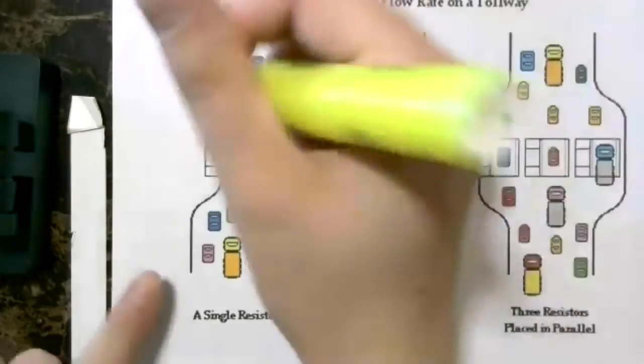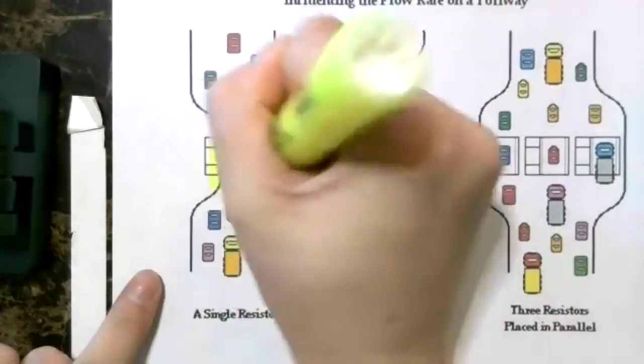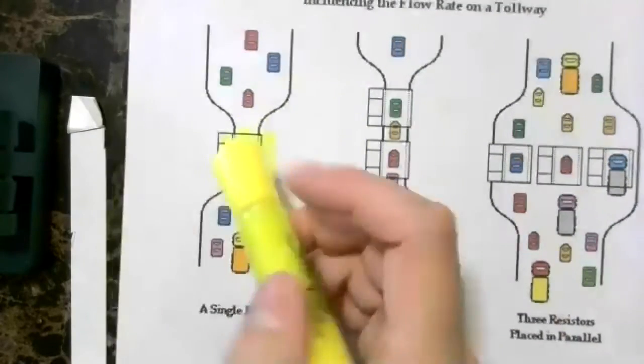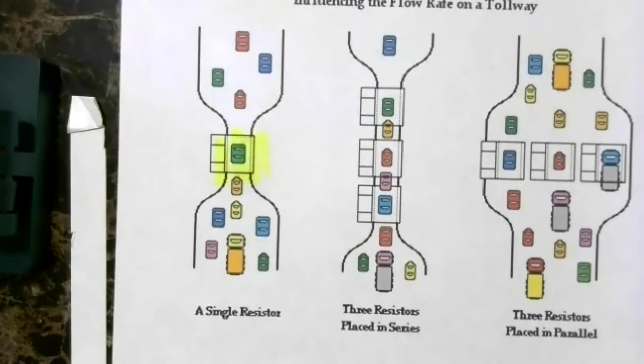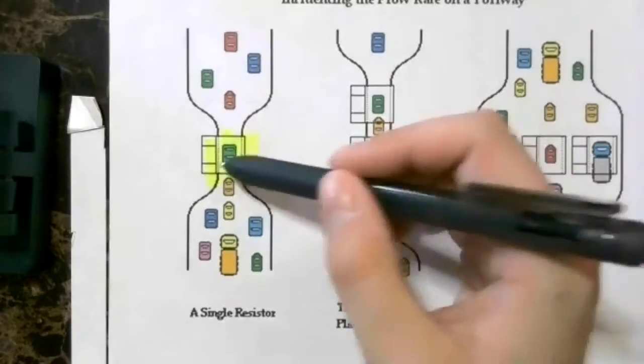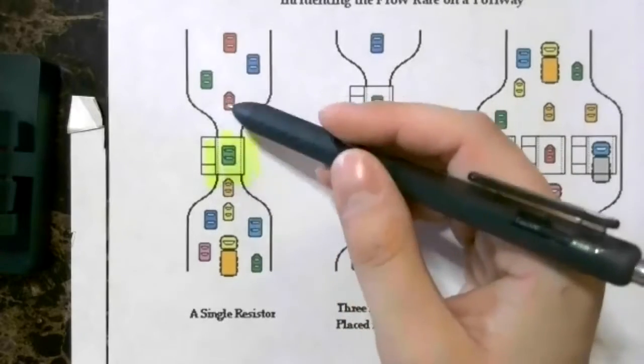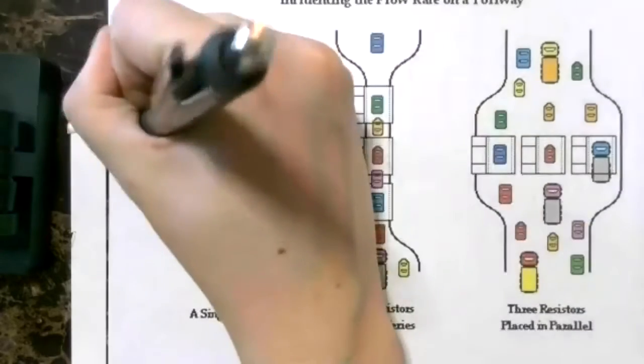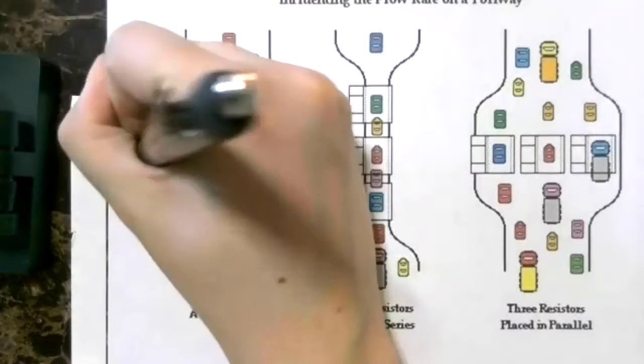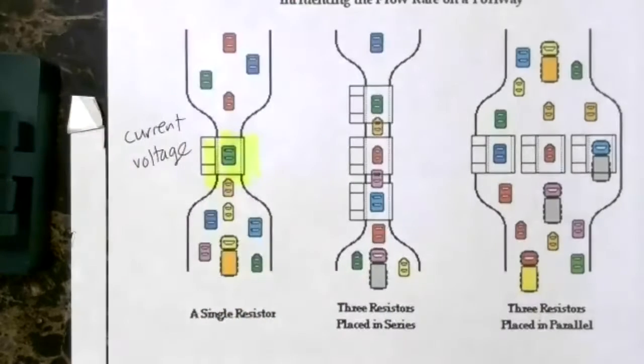That's what this first scenario represents. So you can imagine this car, this resistor, is scooting along. It's in its lane, it does its thing, it has a certain current and voltage associated with it, right?